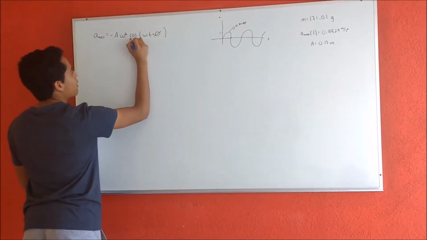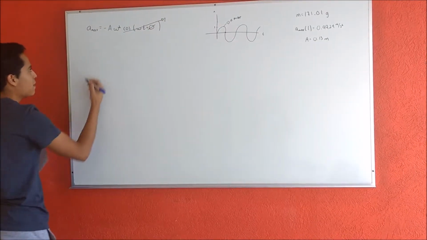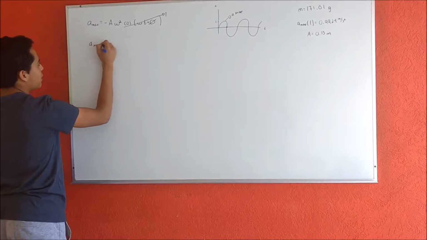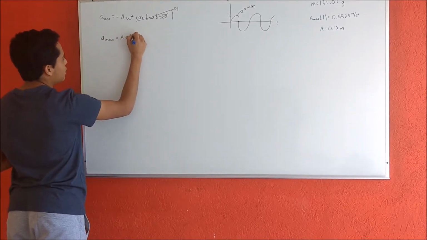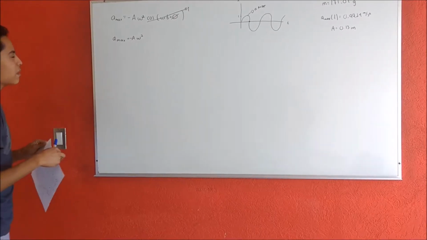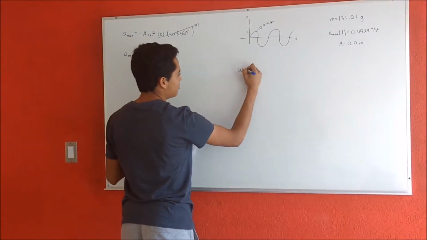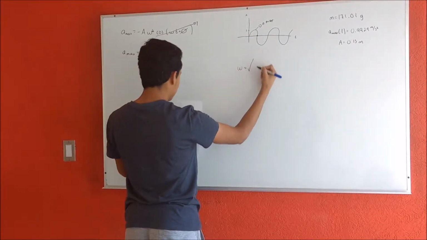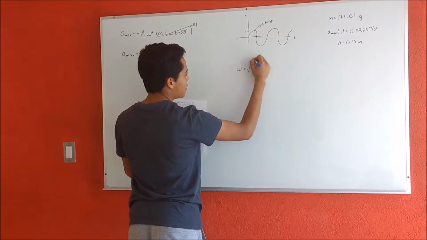So we know that this is equal to 1. And the formula of the acceleration is going to be equal to minus the amplitude times omega squared. And we know that omega is equal to the square root of k over the mass.